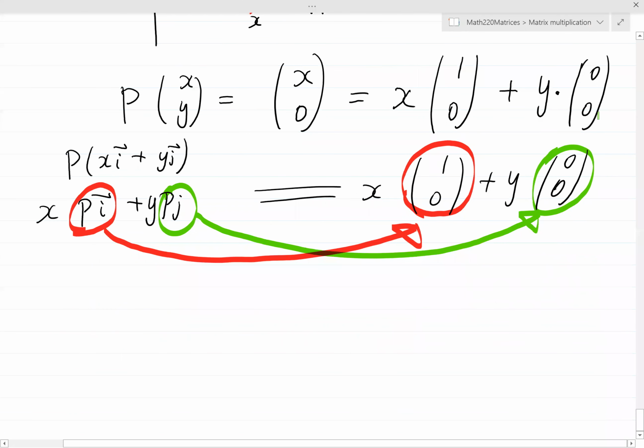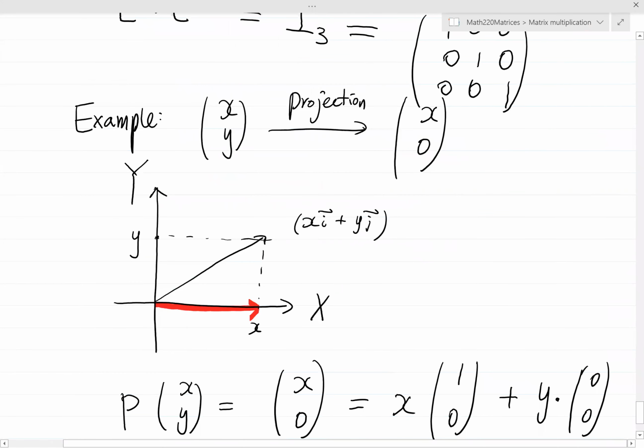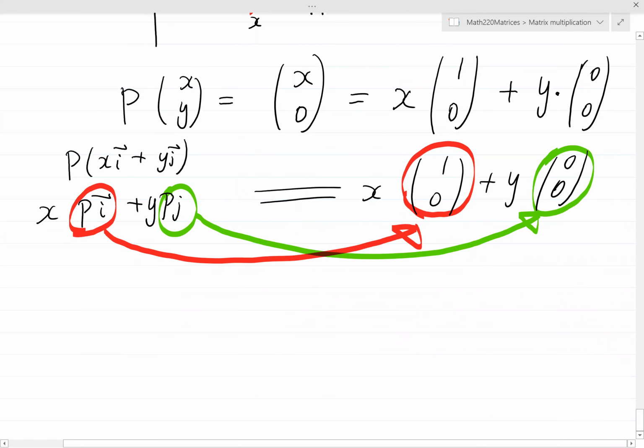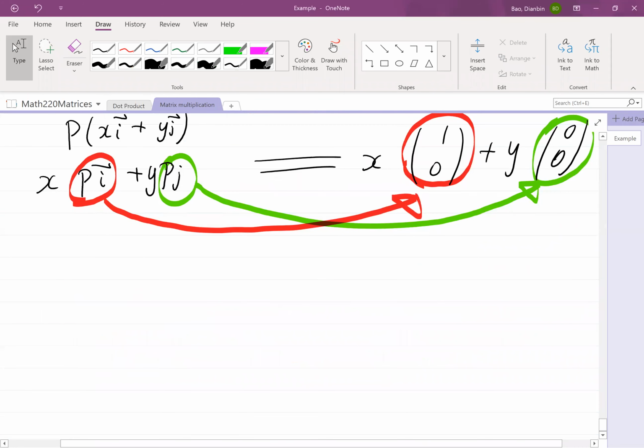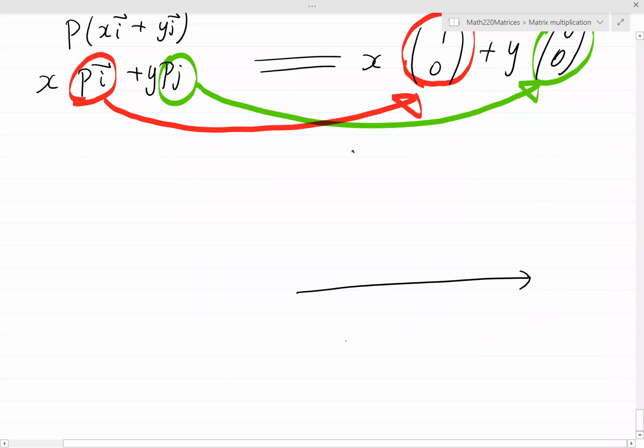Now it's easy to understand. If you have a vector, you project it onto the x-axis. There's no projection, the projection is zero because it's perpendicular. Let's see a picture. You project this vector onto the x-axis, so you just squeeze it to a point.